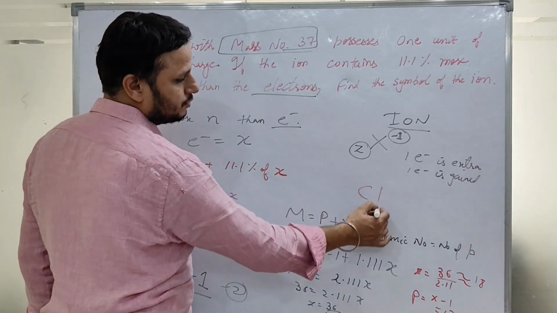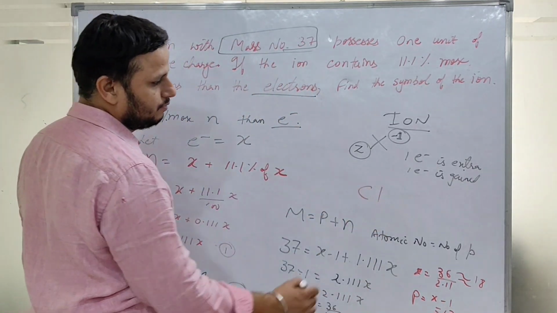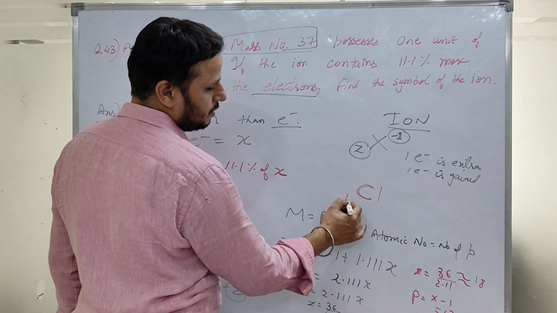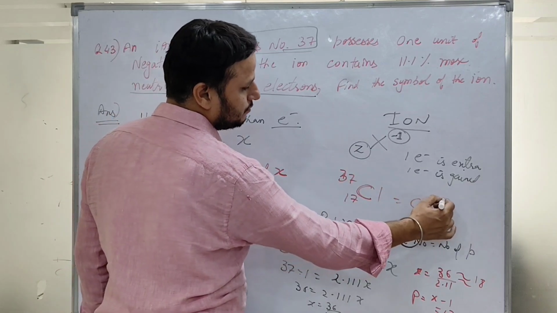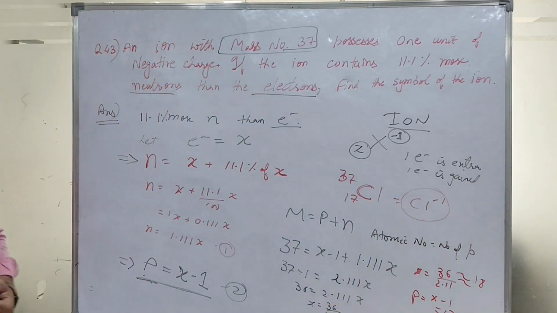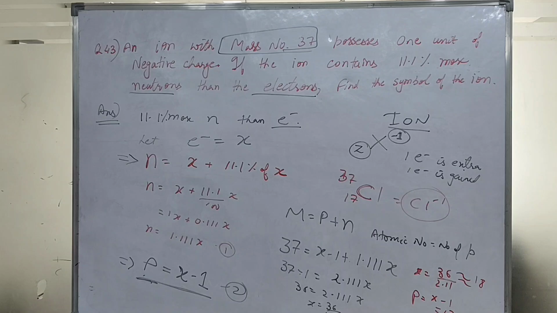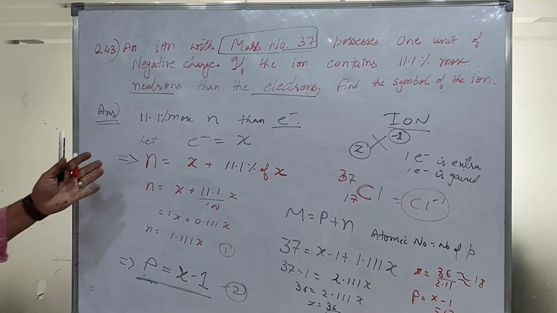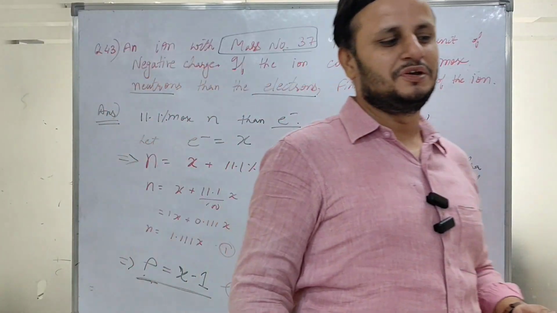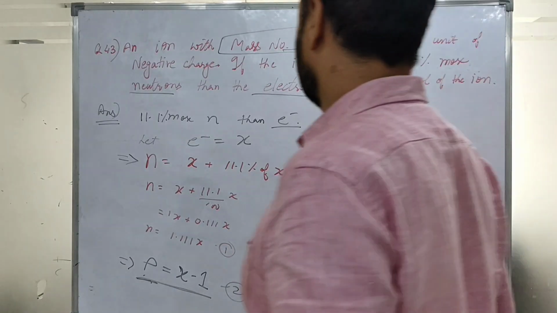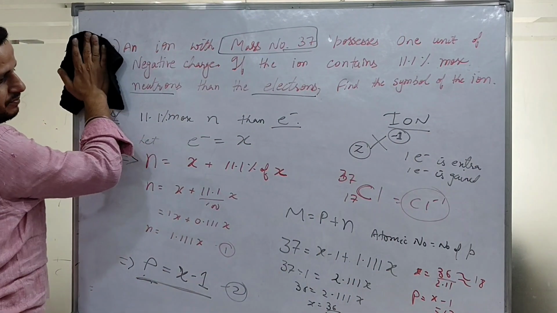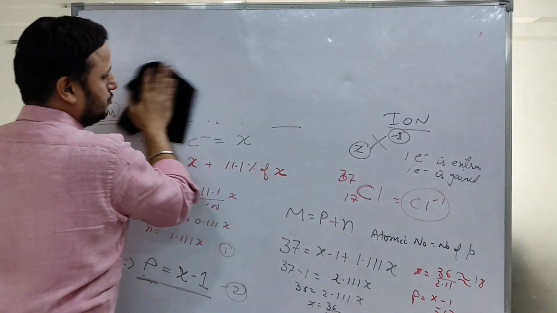So this element is chlorine, atomic number 17, mass number 37, and chlorine gains 1 electron. So this is how we solve the questions based on proton, electron and neutron, and similarly 42 and 44. These two questions are also based on this.